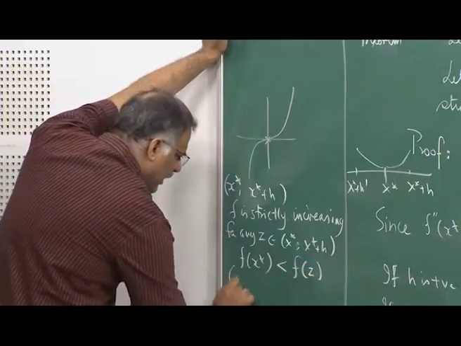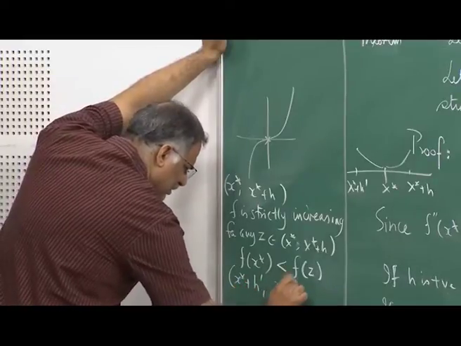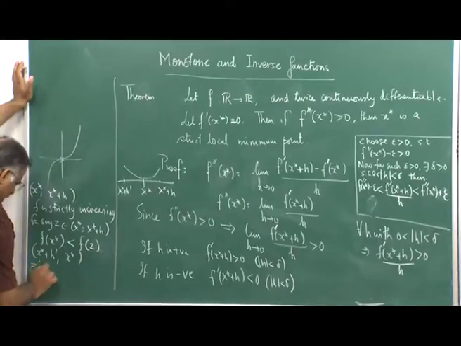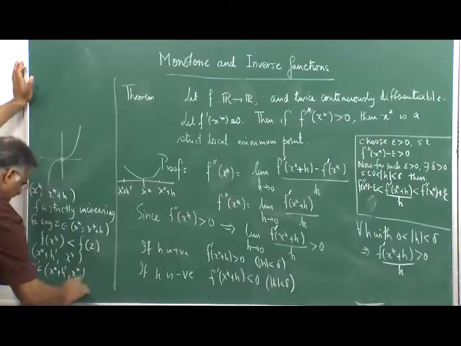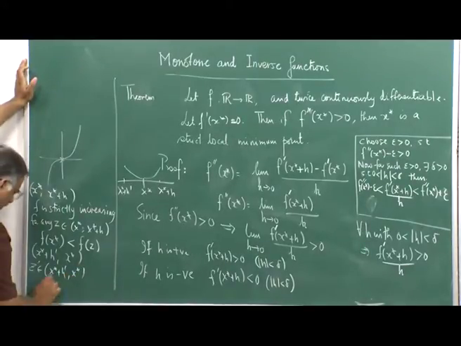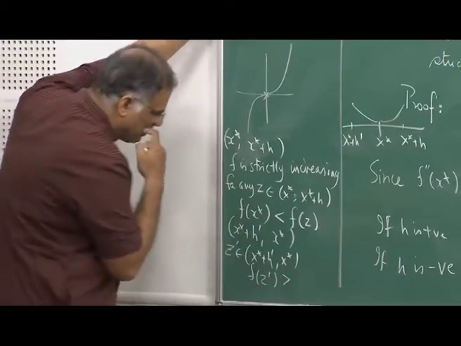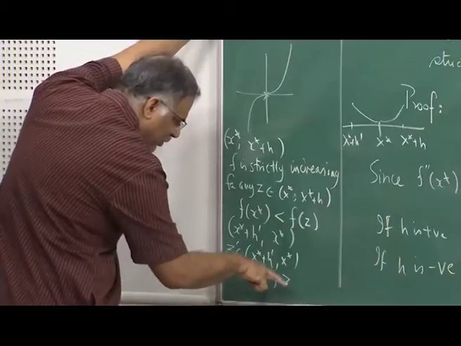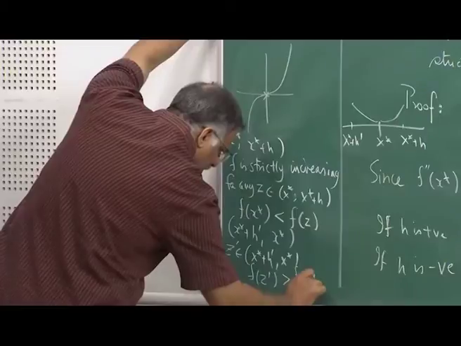Similarly, when I take x star plus h dash to x star, then for any z dash in x star plus h dash to x star, what will I have? Because this is strictly increasing, here it is strictly decreasing. So, the function value decreases, and f of z dash is bigger than f of x star.